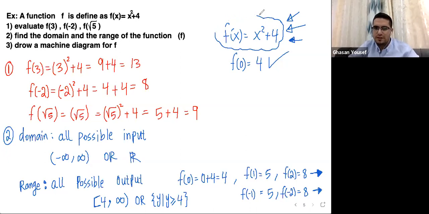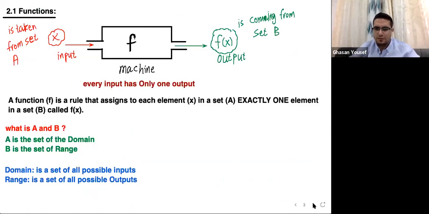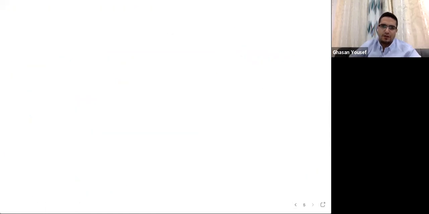We're going to draw a machine diagram, like the one in the previous slide. Okay, let's do it together. Okay, so here is the diagram. It should be like this.